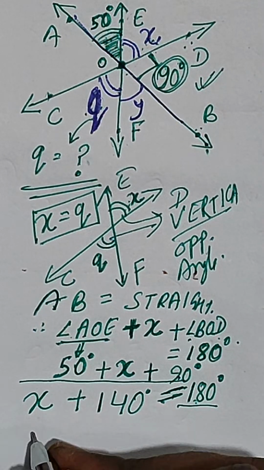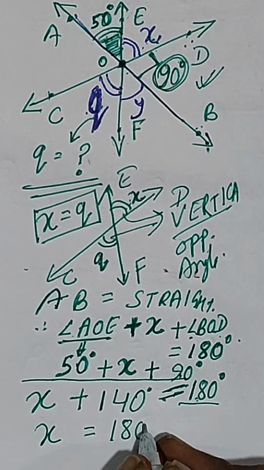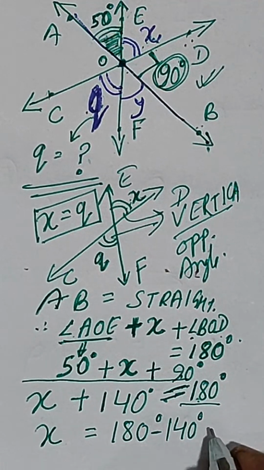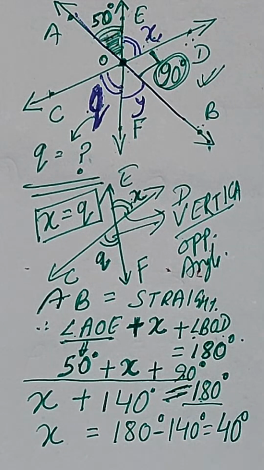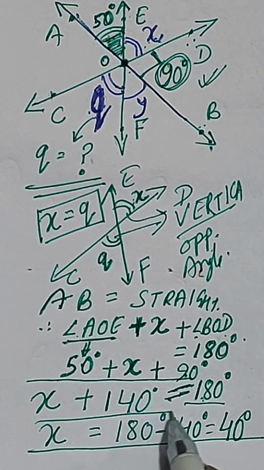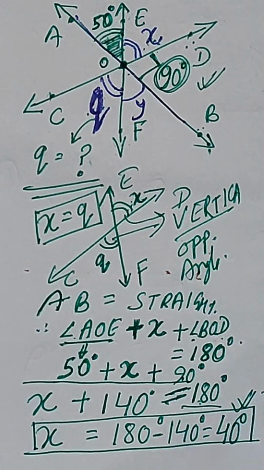Now the value of x can be written as 180 degree minus 140 degree, which is equal to 40 degree. So the value of x is calculated, and that is equal to 40 degree.